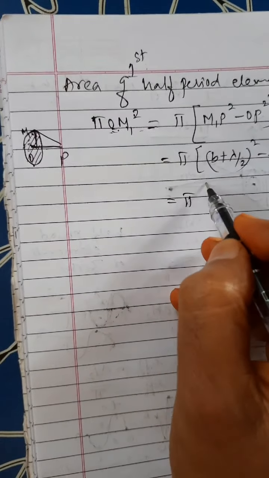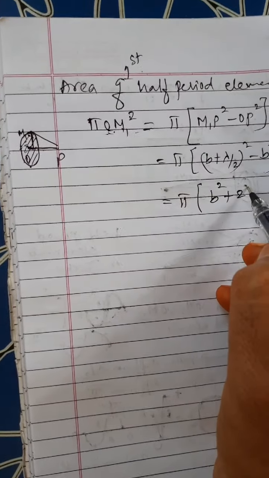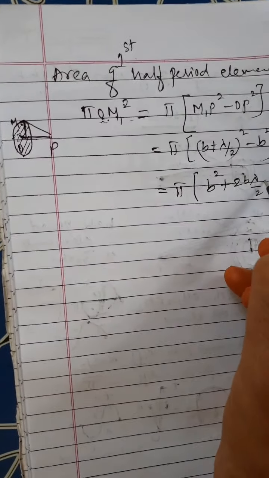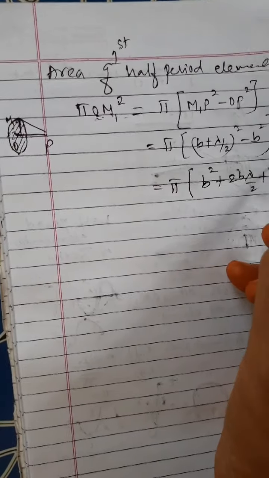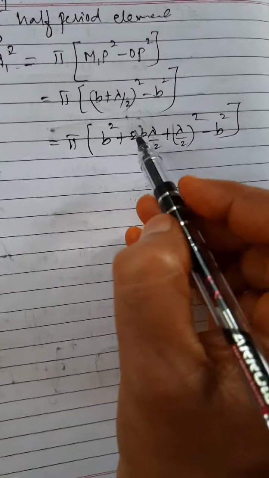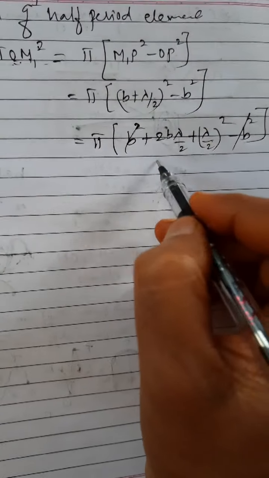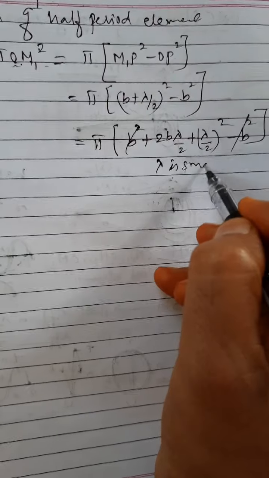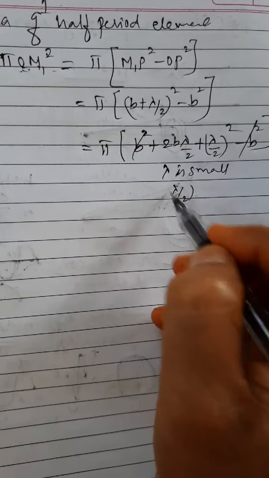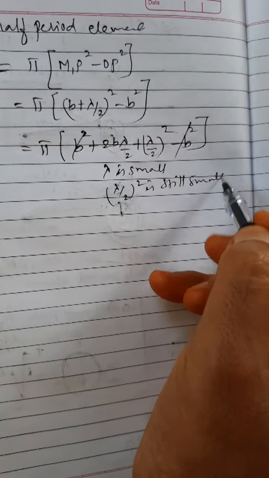If you do this, b squared plus 2b times lambda by 2 plus (lambda by 2) whole squared minus b squared. Take the b squared out, and since lambda is very small, (lambda by 2) squared is still small and can be neglected.